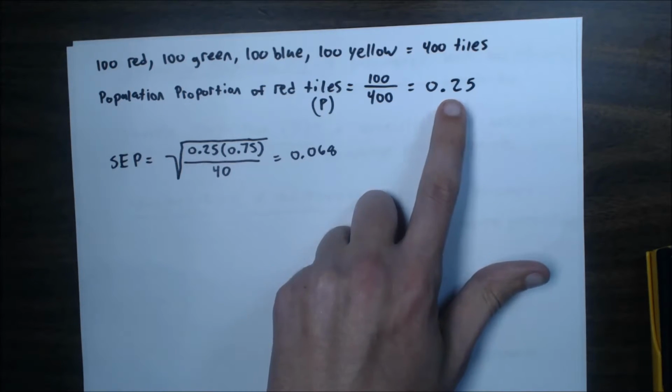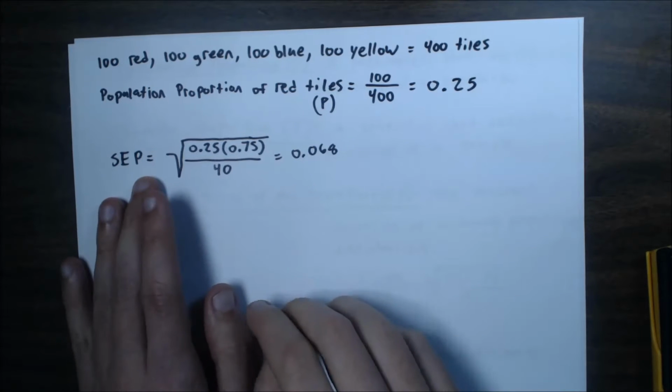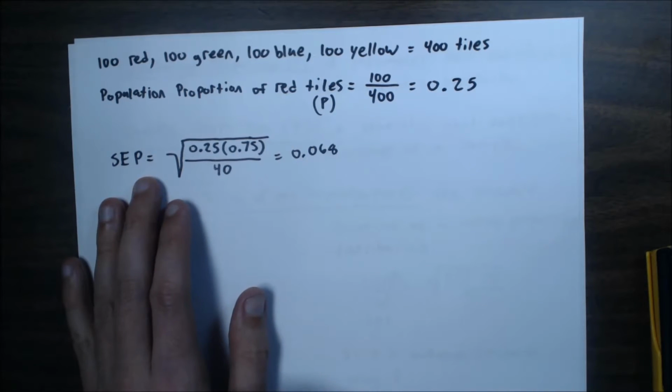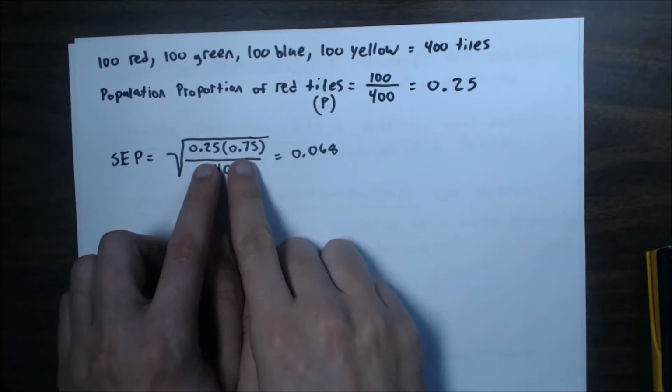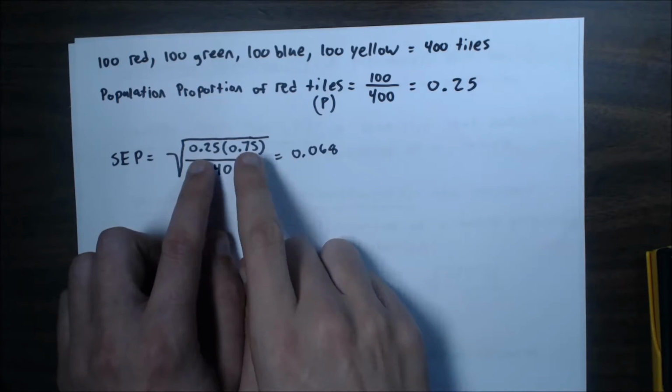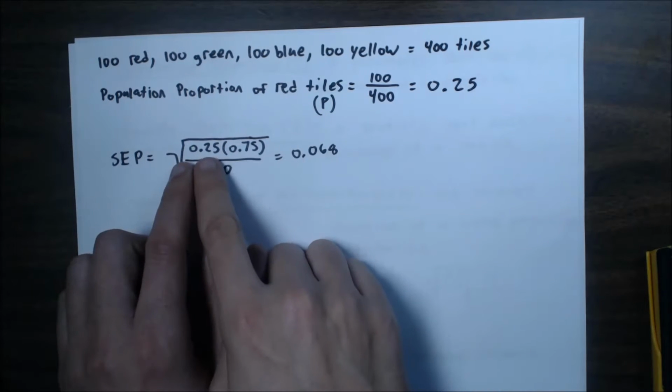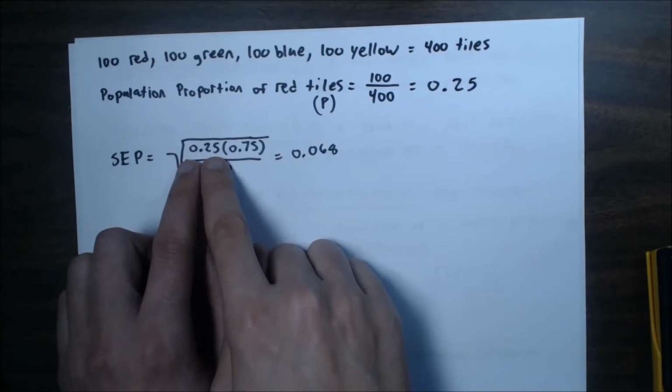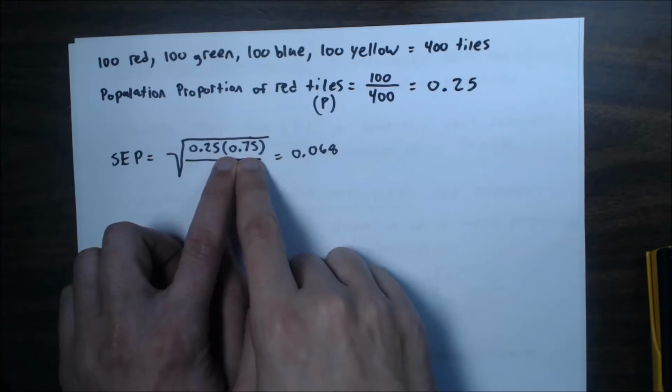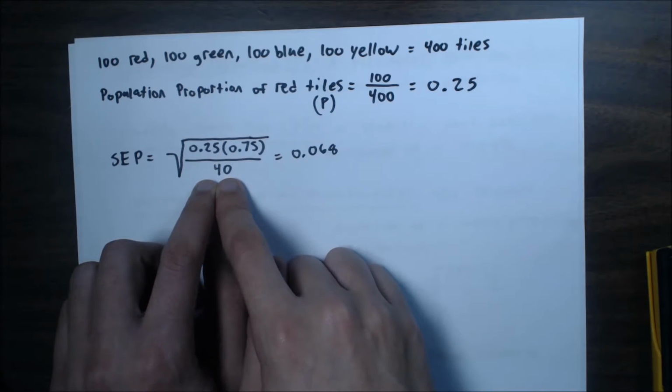Now, the SEP, I can go ahead and calculate that right now because it calls for P, not P hat, which I'm going to get to in a minute. So the formula said the square root of P times 1 minus P, over N, where N is the sample size.